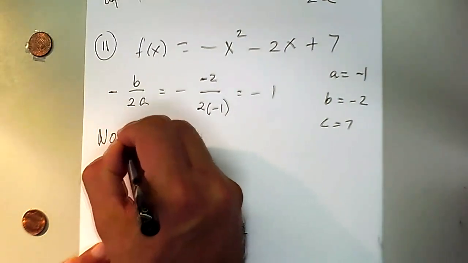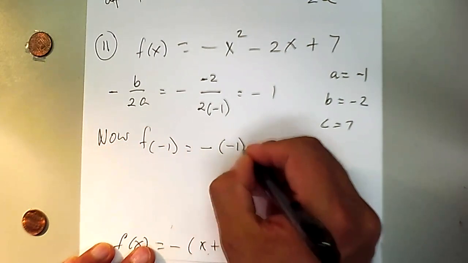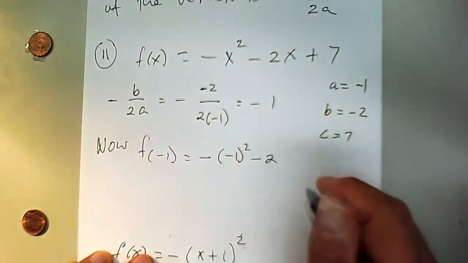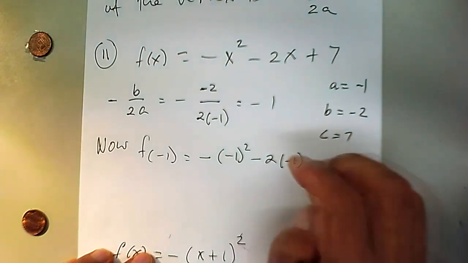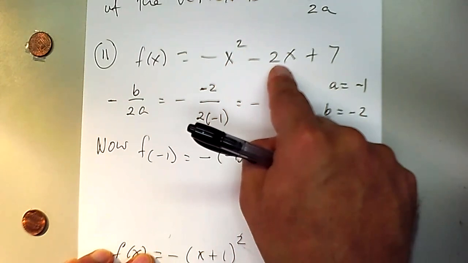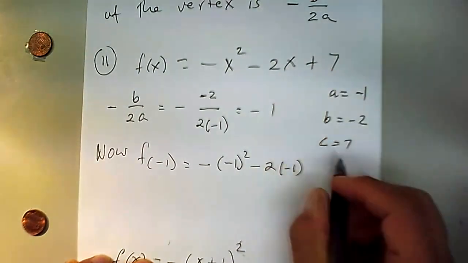Now, f of negative 1 is negative quantity negative 1 squared minus 2 times, I'm plugging negative 1 into this formula, negative 1, and then plus 7.